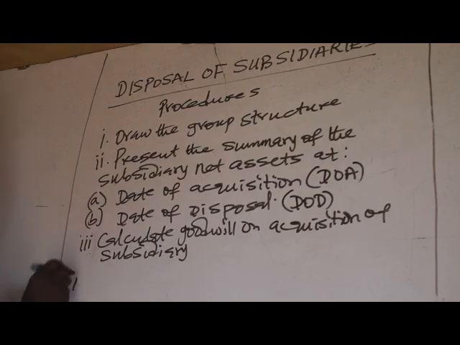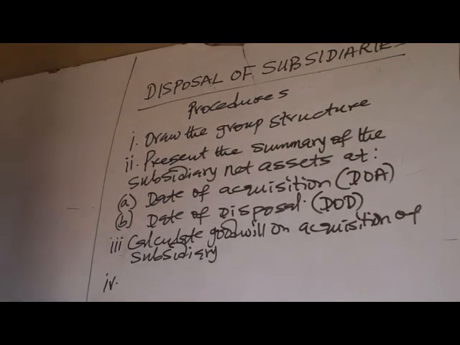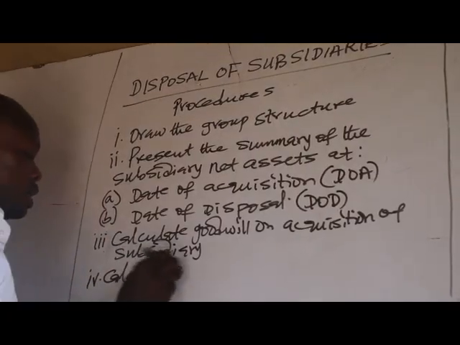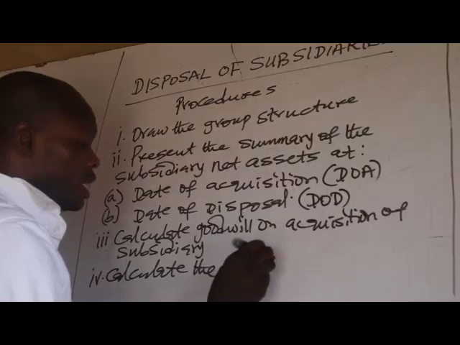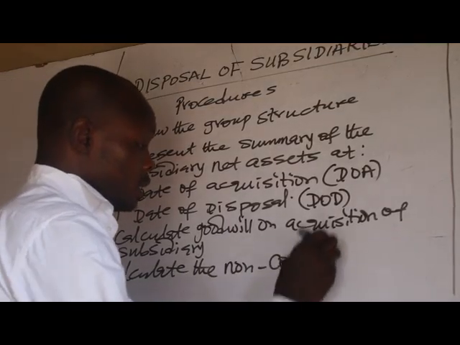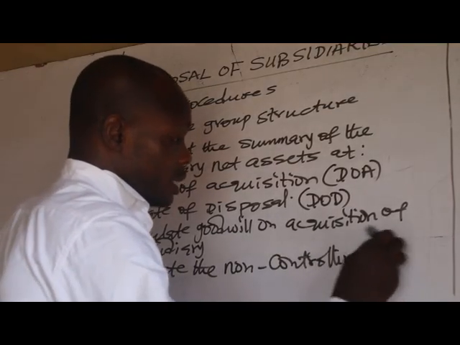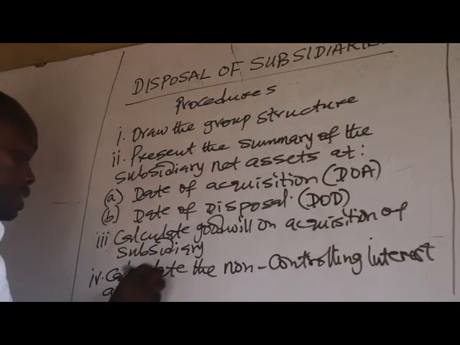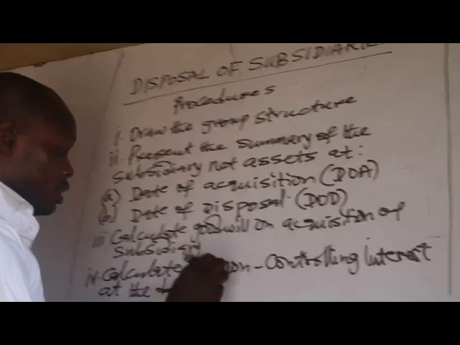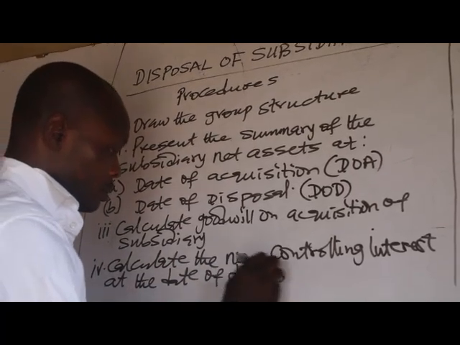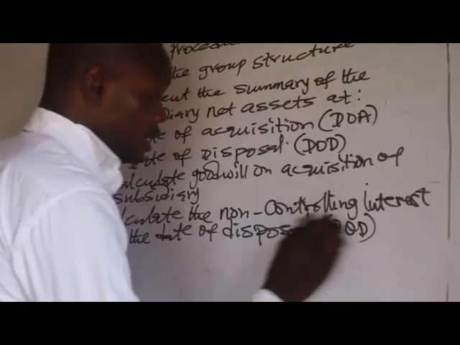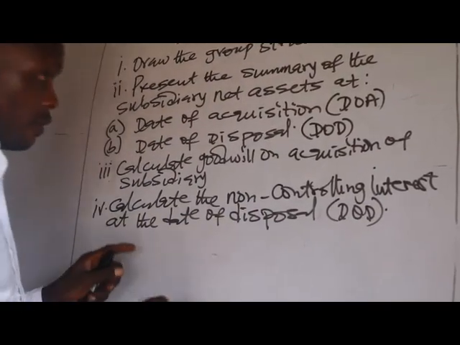The fourth step, step number 4, is to calculate the non-controlling interest, NCI, at the date of disposal.